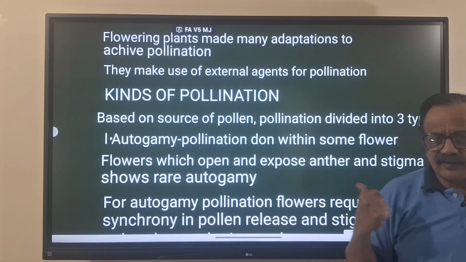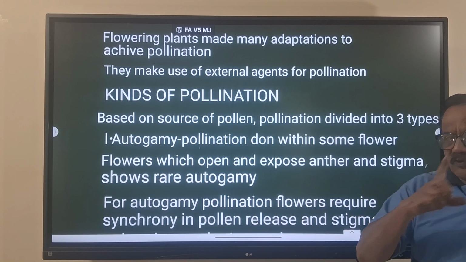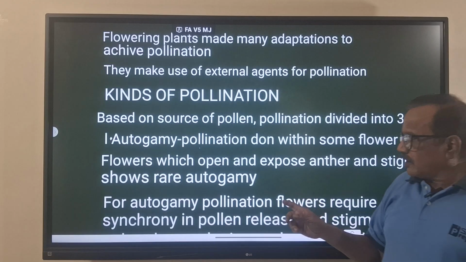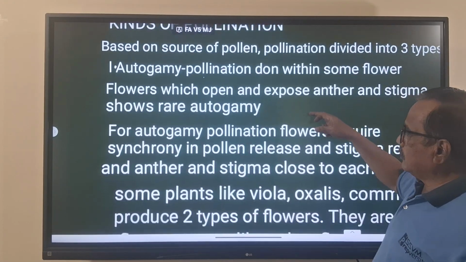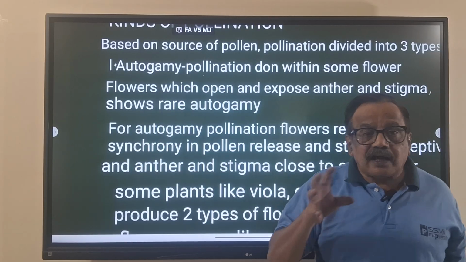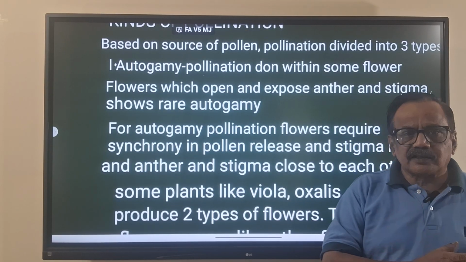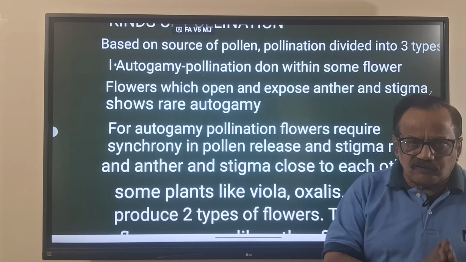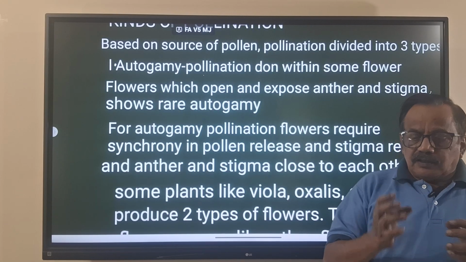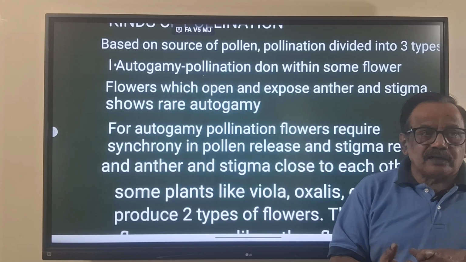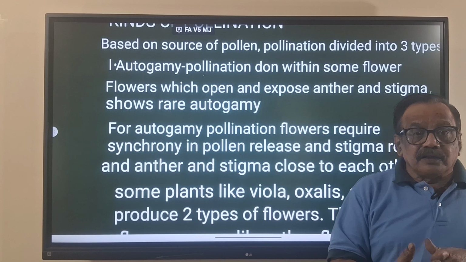Like that they can do. For that he has given a very, very important statement, that I am going to show you. Now, for autogamy, if autogamy has to take place in a flower, both anther and stigma must be in the same flower, and pollination must take place. So how will it take place?